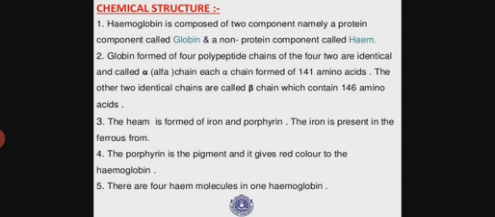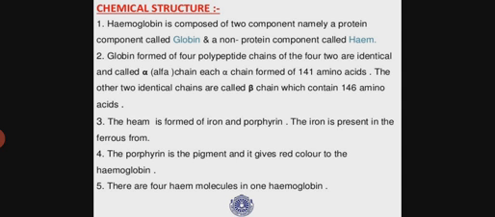Of the 4, 2 are identical and are called alpha chains, and each alpha chain is formed of 141 amino acids, and the other 2 identical chains are beta chains, which contain about 146 amino acids. So the globin, the protein part, contains 4 polypeptide chains, wherein 2 alpha chains and 2 beta chains are there.